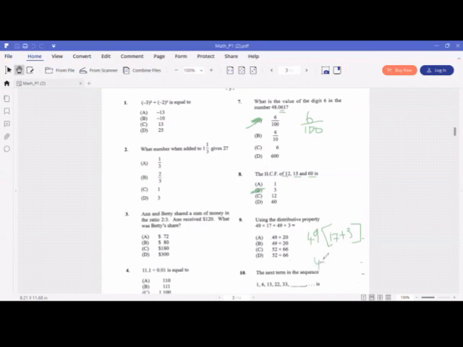So we should get 49 bracket 20. When you see two numbers side by side, separated by a bracket, it means that those two numbers are being multiplied. So that is 49 times 20. So that would give me an answer of A.